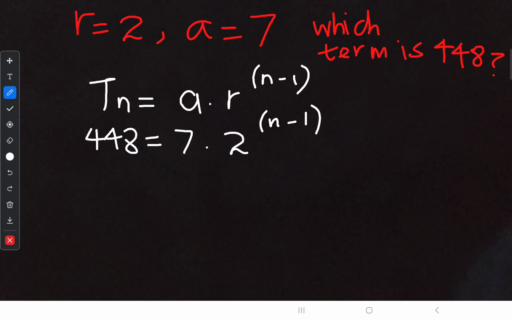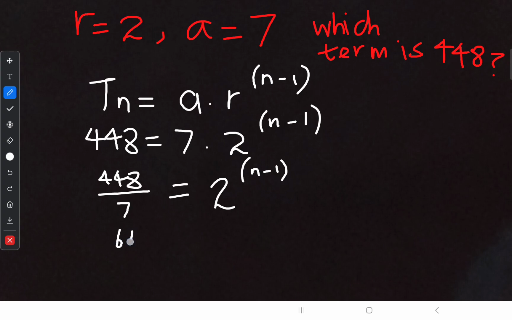First of all, you should divide 448 by 7. That will be 2 to the power of n minus 1. 448 divided by 7 is 64.